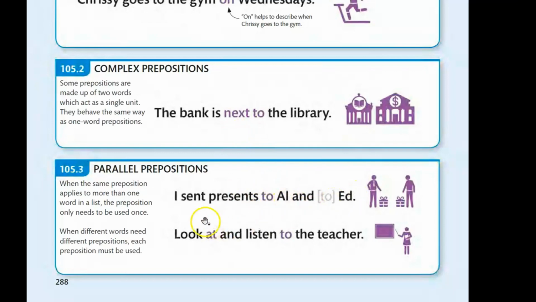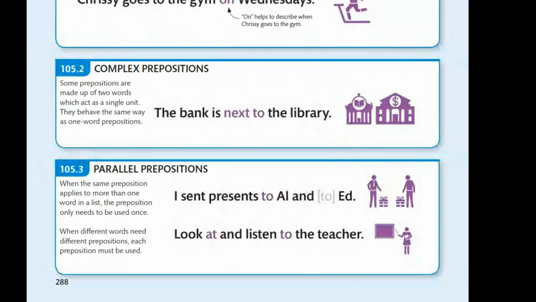I do hope you understand. Another example is saying I want to go to church and market. Do you understand? So not necessarily I want to go to the church and to the market. But when different words need different prepositions, each preposition must be used.